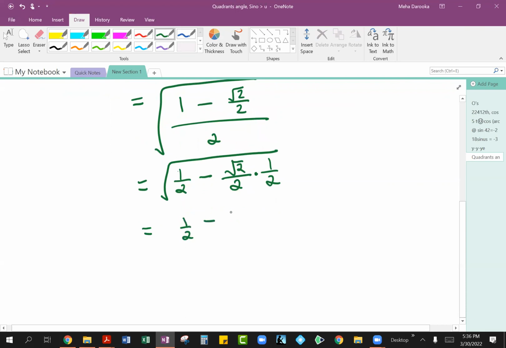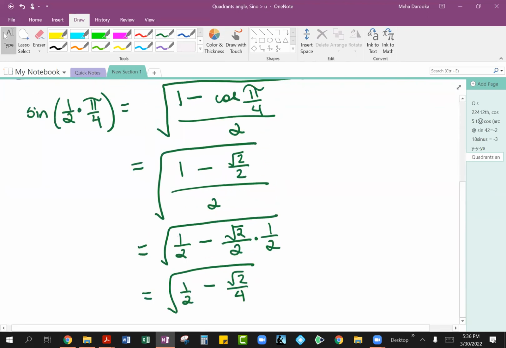Now you will have to see how WebAssign wants you to clean this up, because there are many different ways you can go from here. You could find a common denominator, which would give us 2 minus square root of 2 over 2.